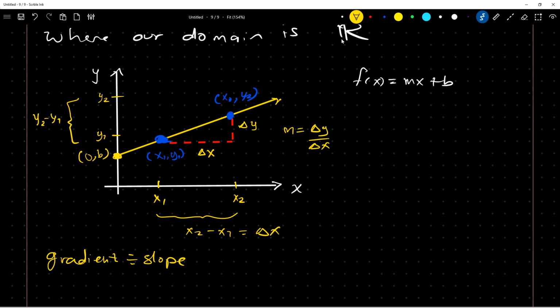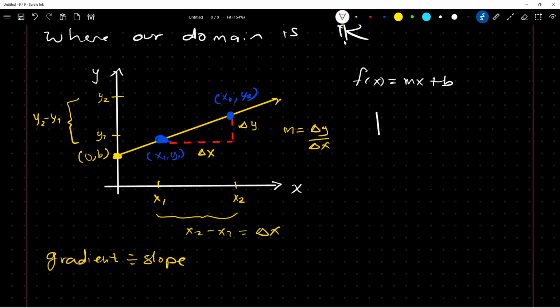Now, one of the unique features of a line is that this gradient, which tells me the ratio of the change in y over the change in x, will remain constant for the entire domain of the function. So the linear function has the unique feature of having a constant slope.